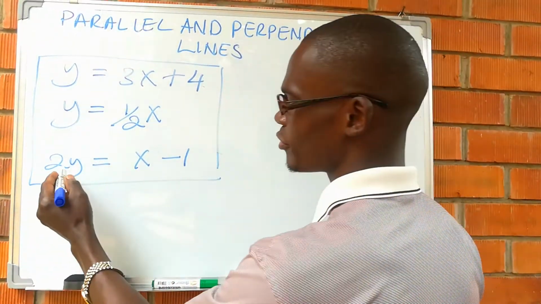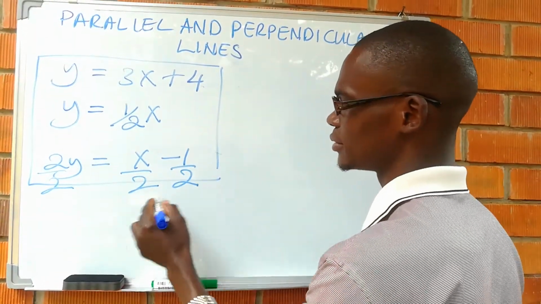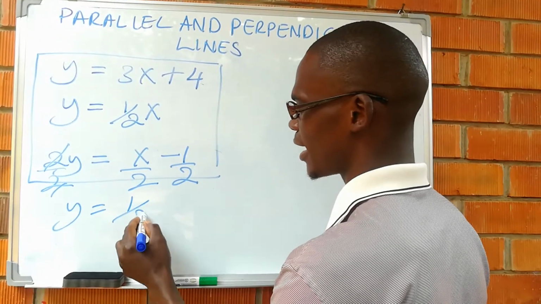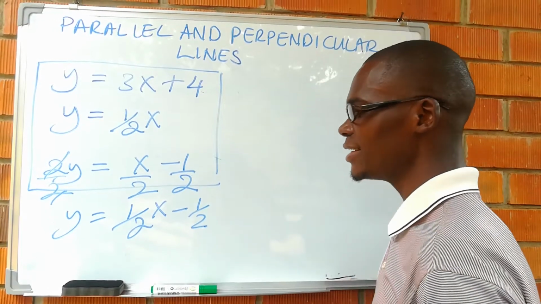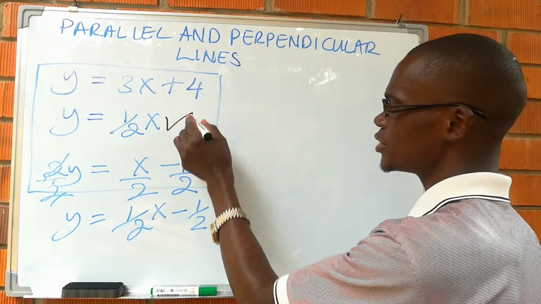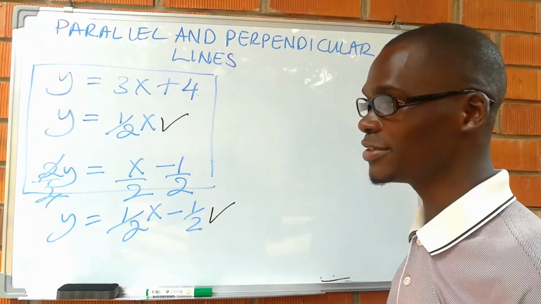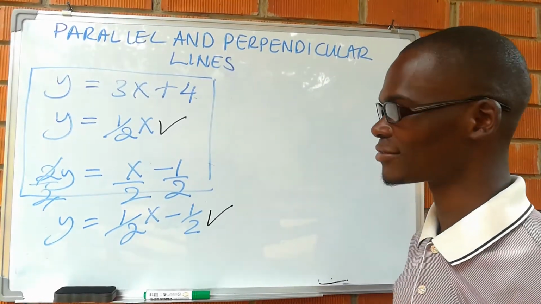If we divide by 2, that gives us y = a half x minus a half. Meaning that in these three equations, equation 2 and equation 3 are parallel because they have the same gradient, a half.